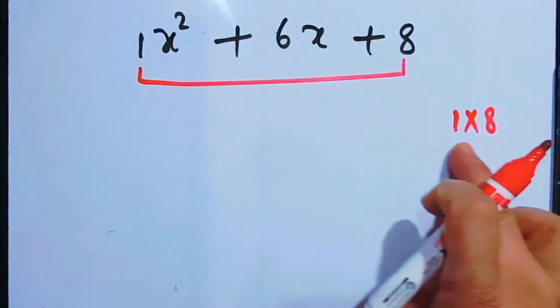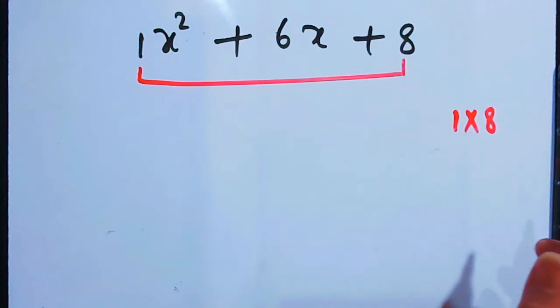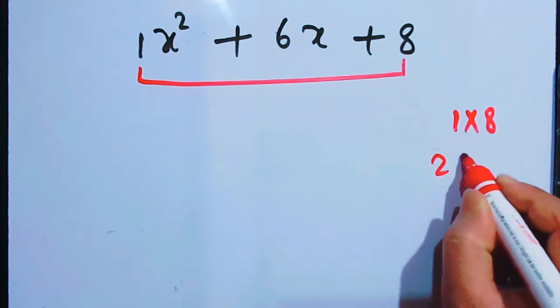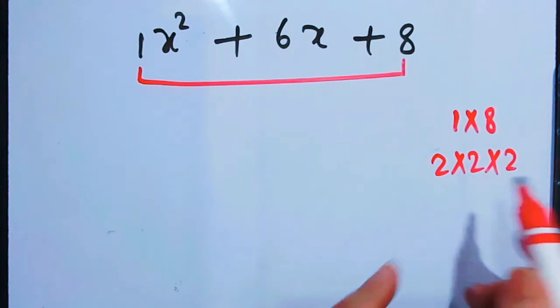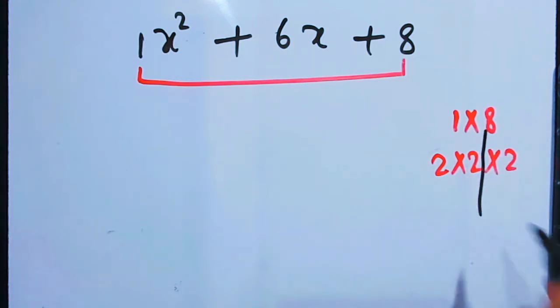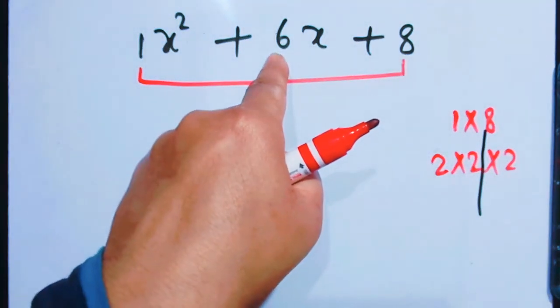Now break this 8 to its smallest prime numbers. This means this will be equal to 2 into 2 into 2. Now after you break this, you are to divide this into two parts such that when you add them, you should get a value equal to the middle one.